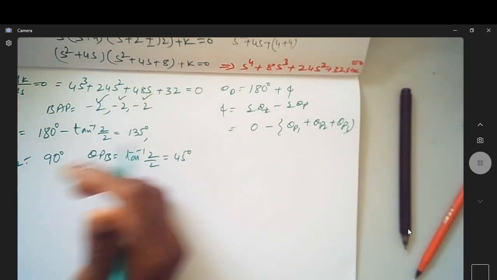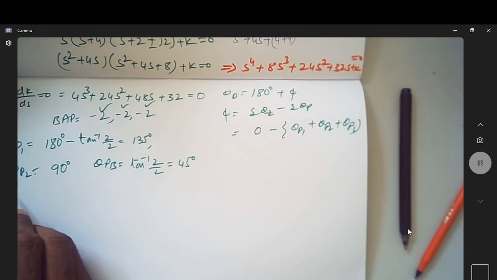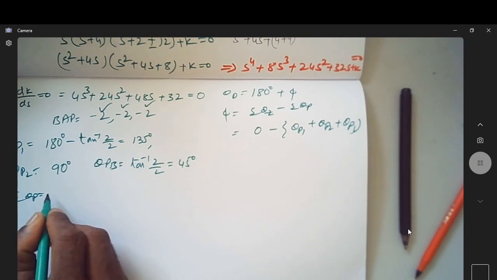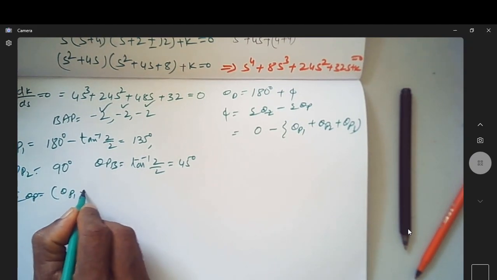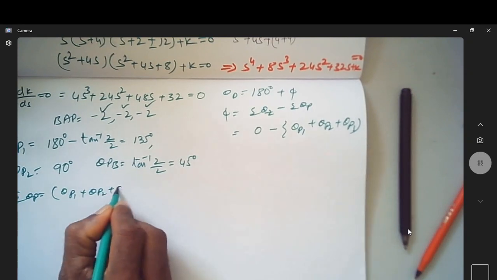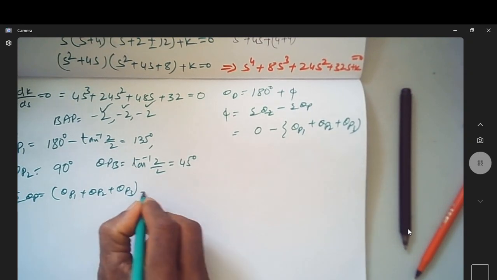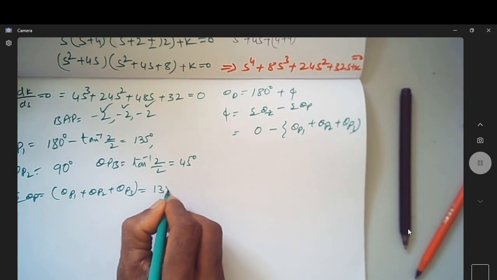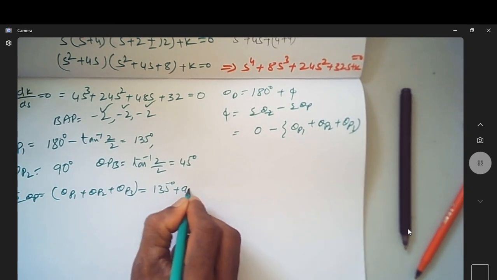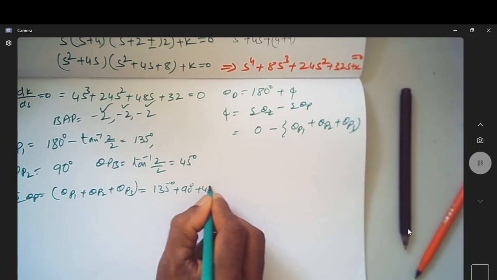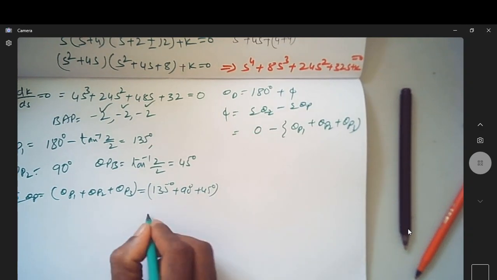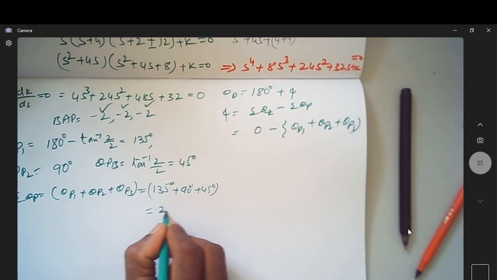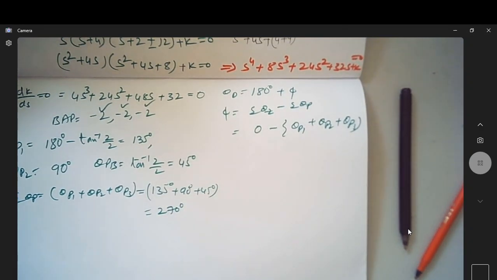So what is the summation of theta P now? It is theta P1 plus theta P2 plus theta P3, which happens to be 135 degrees plus 90 degrees plus 45 degrees. So now if you sum it up, this will be 270 degrees, correct?